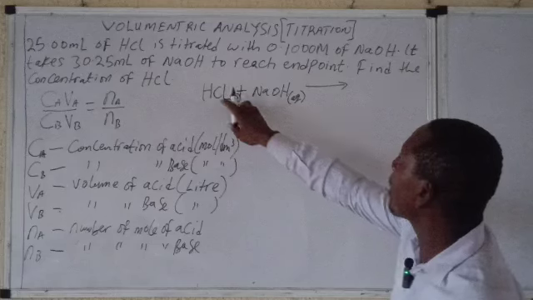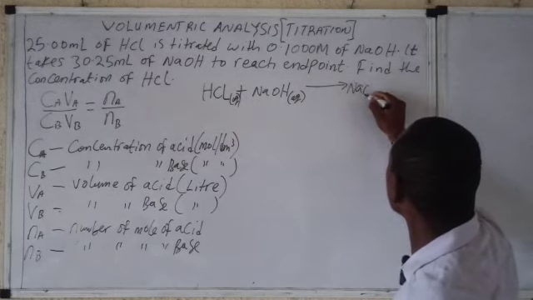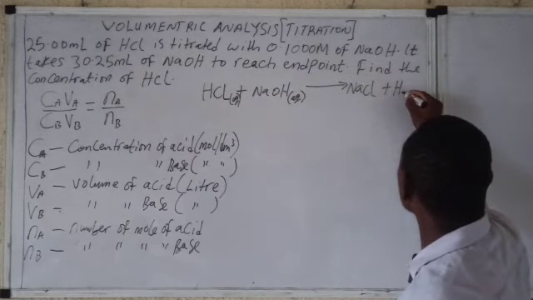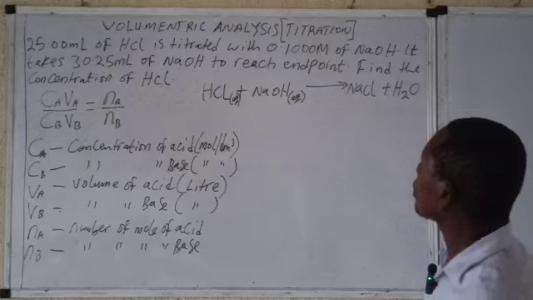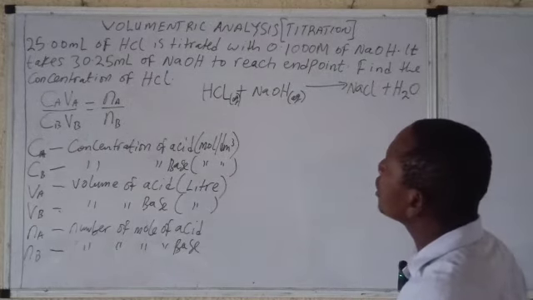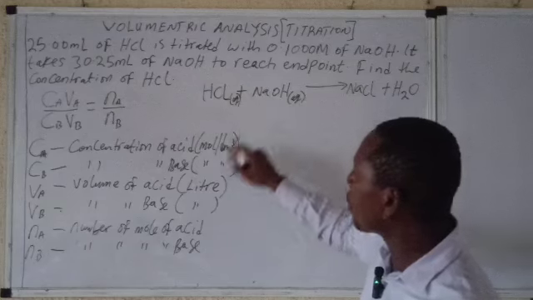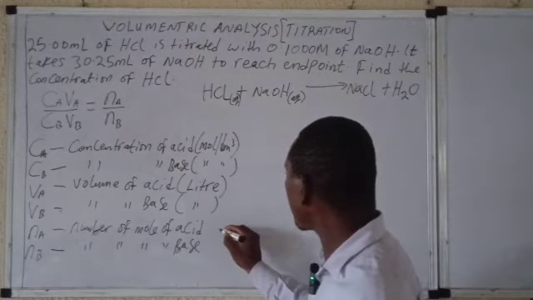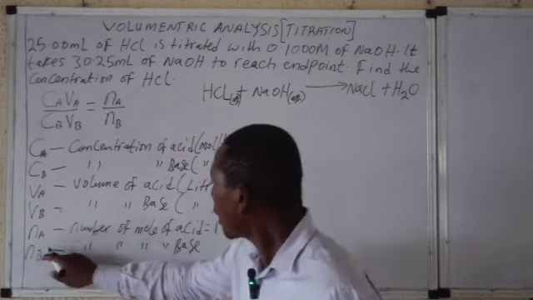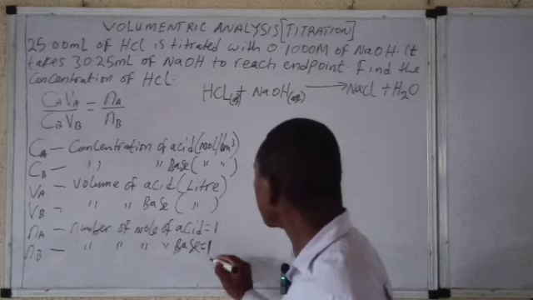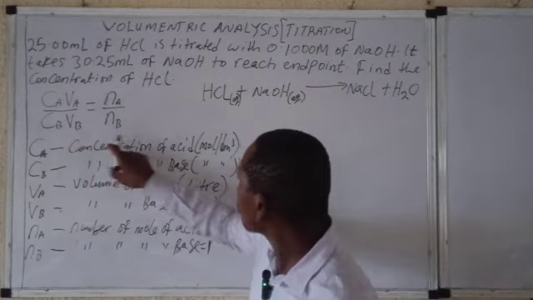Definitely this will combine with this, and you now have NaCl, then H2O as water. Now note, the mole ratio: 1 mole of this reacts with 1 mole of this, which simply means that Na is 1, Nb is 1.